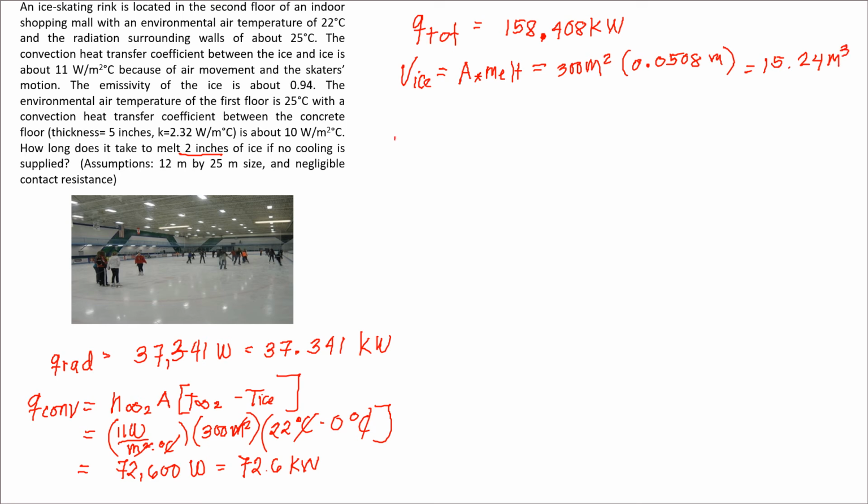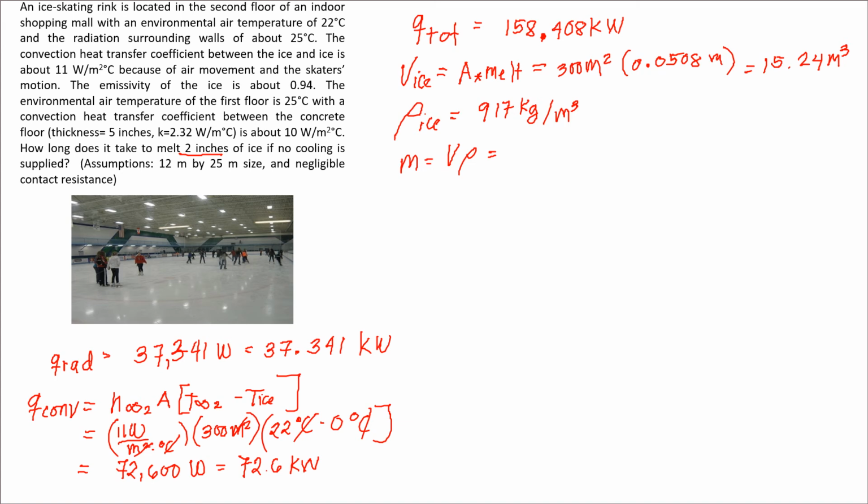Now, we also have the density of the ice. Remember, the density of the ice is less compared to the water. That's why the ice, although it's in solid state, floats in the water. So the density of the ice is 917 kilograms per meter cube. The mass that is to be melted is equal to volume times the density.